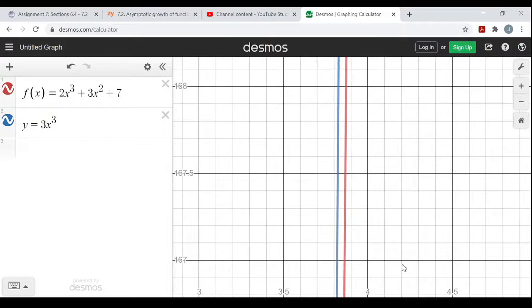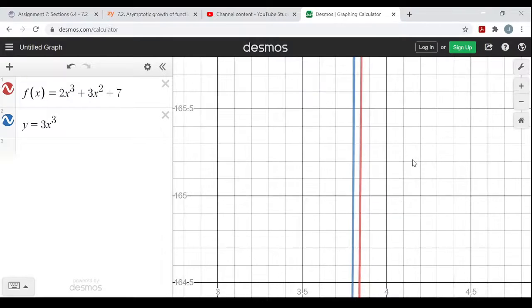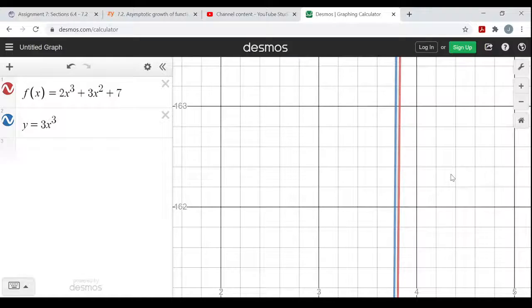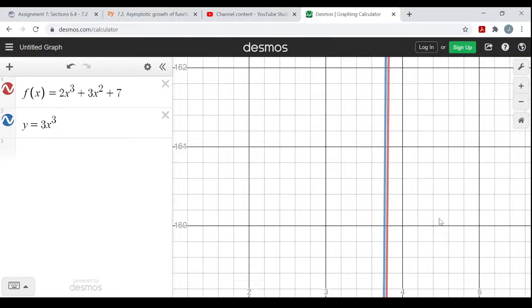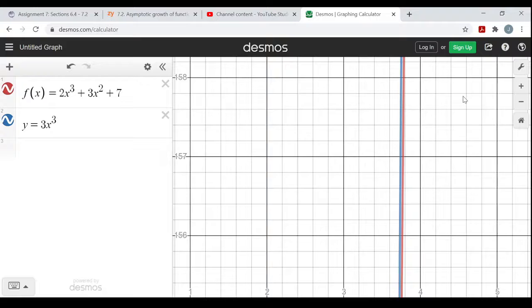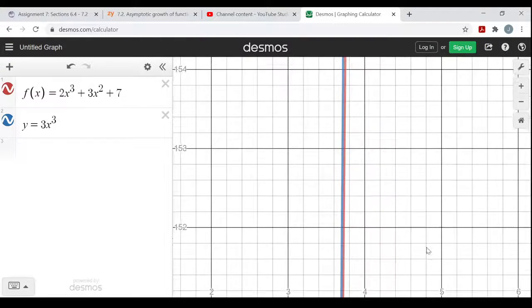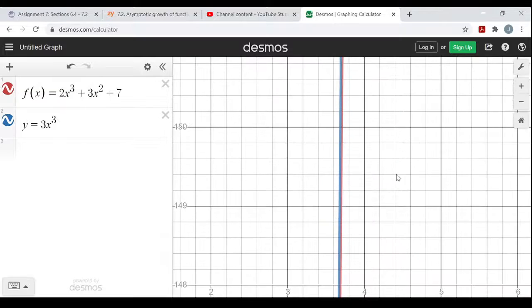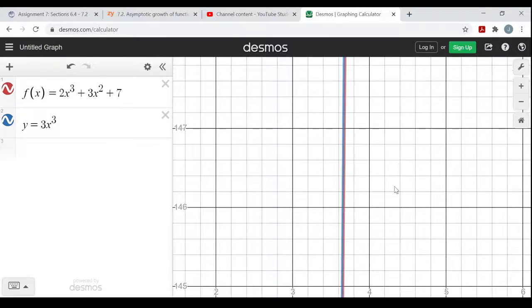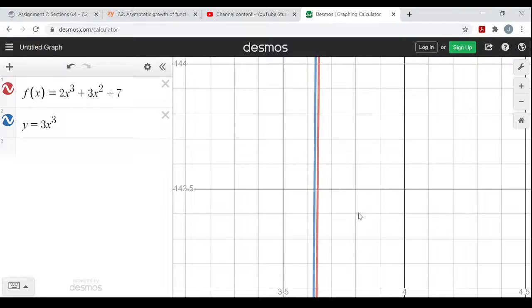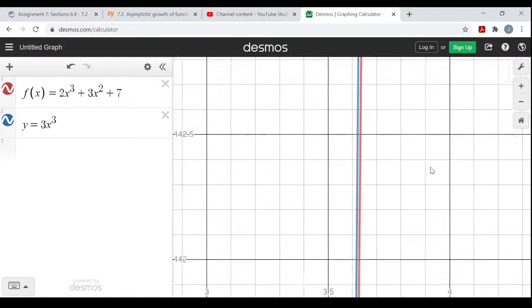And if you find where they meet, let's go back out here. And you kind of look at, where does that happen? Where does that change? Looks like around... Blue is still higher than red there.